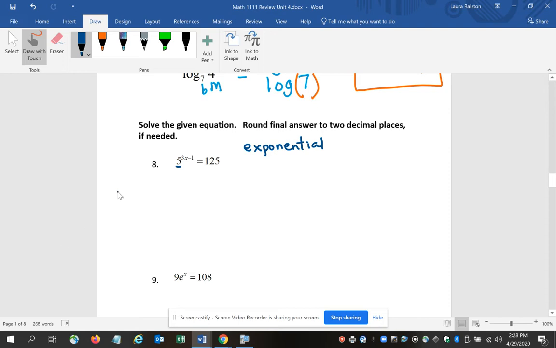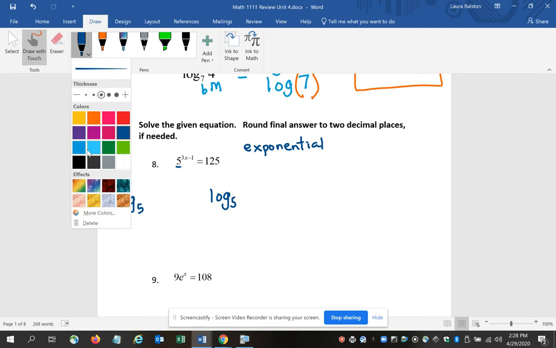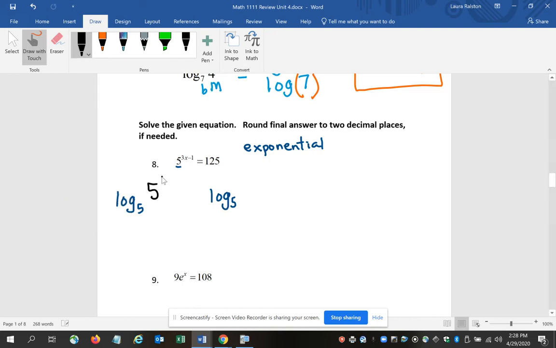So I would do log base 5 of both sides. So we're going to do log base 5 of 5 to the 3x minus 1 equals log base 5 of 125.